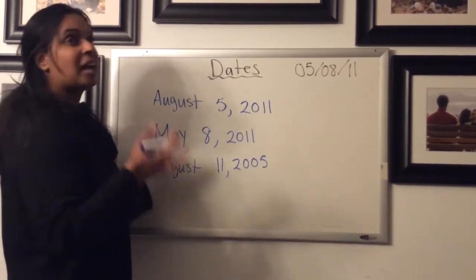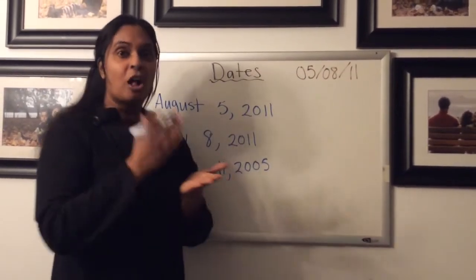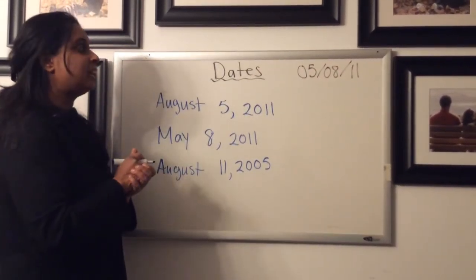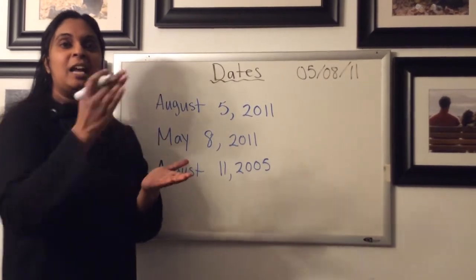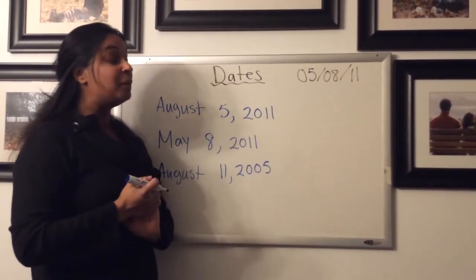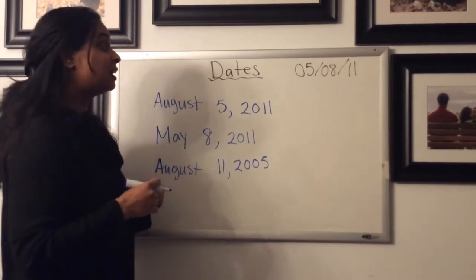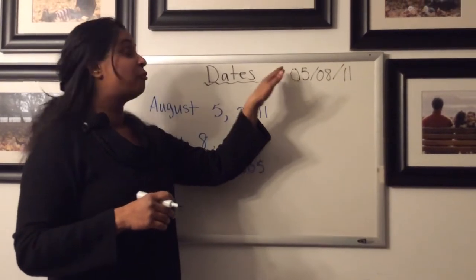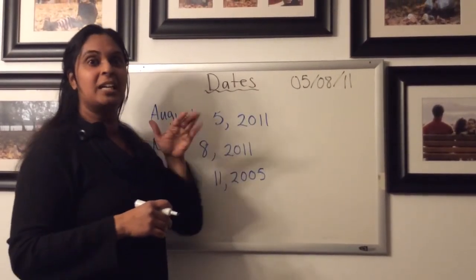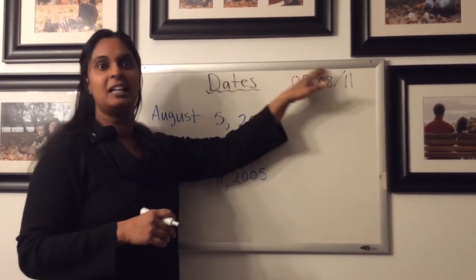And then we're going to have to decide, well, why is this not a good idea? Why should we always have a standard way to tell date? Should it always go day, month, year? And that's what everybody uses? Well, that could be a smart idea. So think about that when you're writing that answer. Why is it important for us to have a standard way to tell the date? Why should it always go day, month, year, or month, day, year?